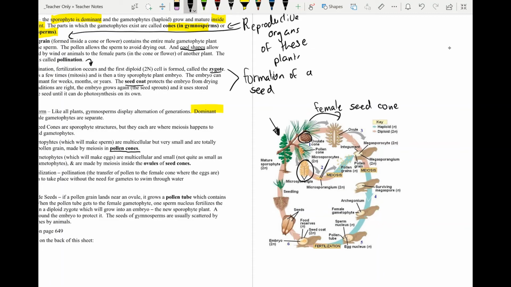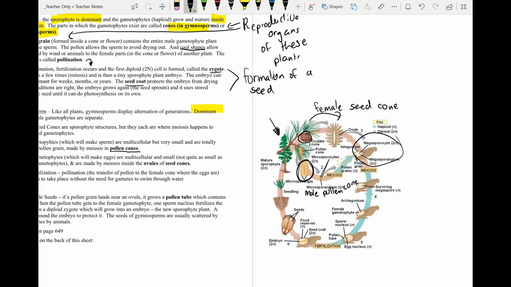And then the smaller one, the kind of brighter orange one, is the male pollen cone. And this is what's responsible for making the pollen. This one makes the egg, which will then turn into the seed after it becomes fertilized. So that's kind of what's happening here.